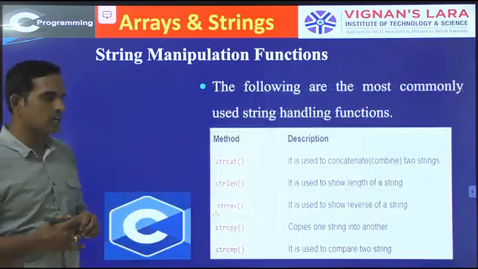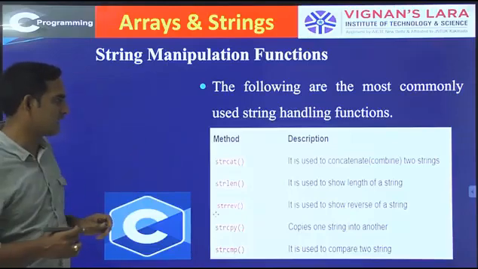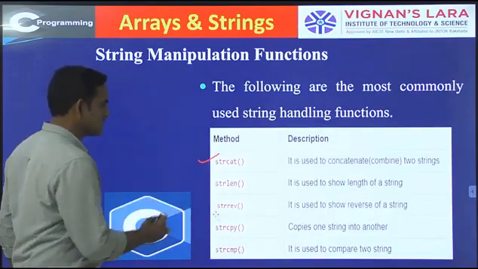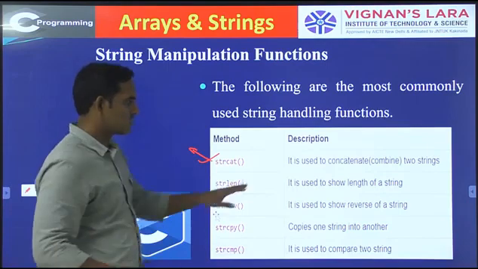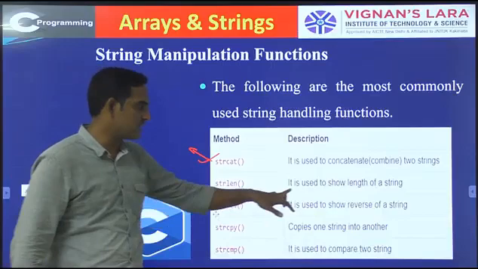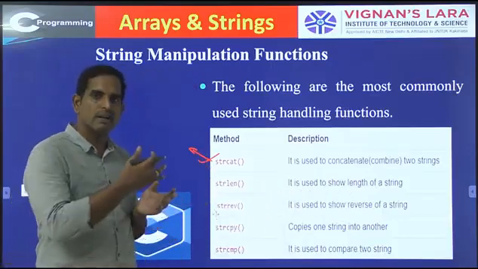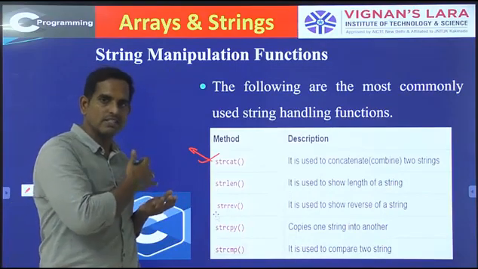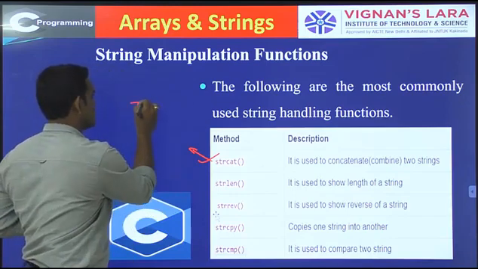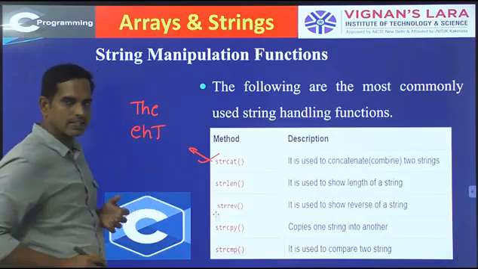The various functions present in string.h are: strcat, that is string concatenation, which is used to combine two strings. Next, string length, which returns the number of characters present in the string. String reverse reverses the contents of your string; for example, if you have the word THE, it will reverse the contents of the string like this.